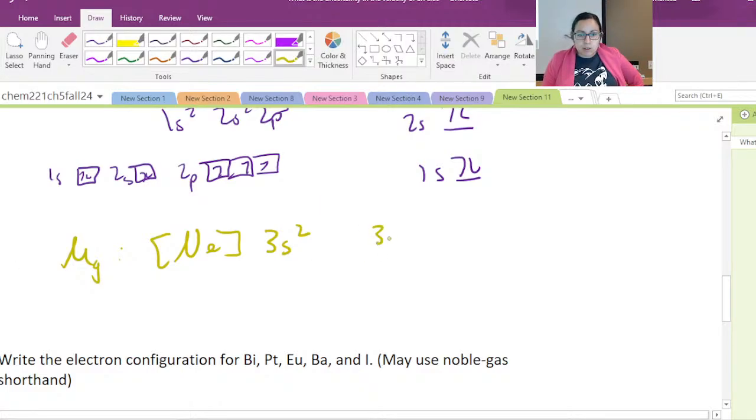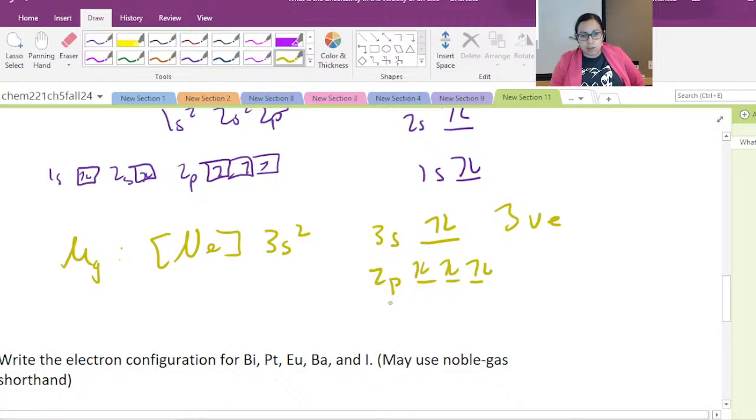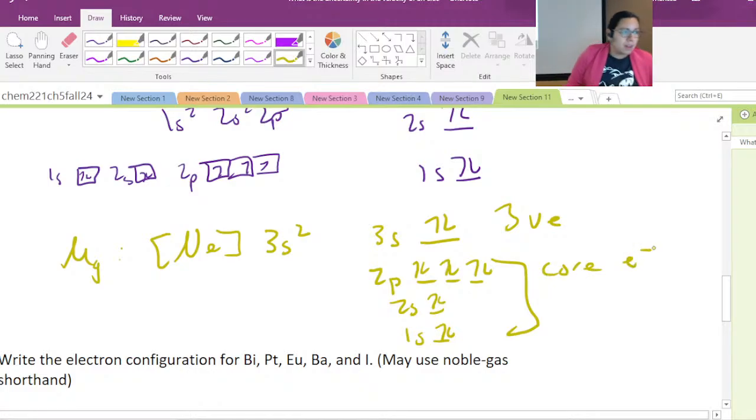Again, just practice writing it out and make sure you understand. Of course, this is just our valence electrons. We could have drawn this out and thought about those core electrons in there. Obviously, these are all going to be filled, so I'll just put core electrons, showing that you know how to draw that.